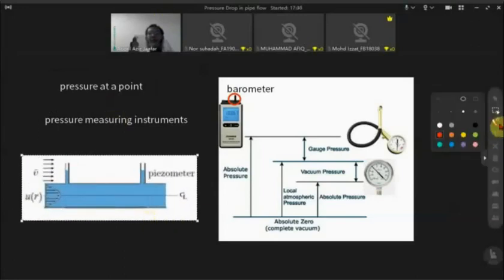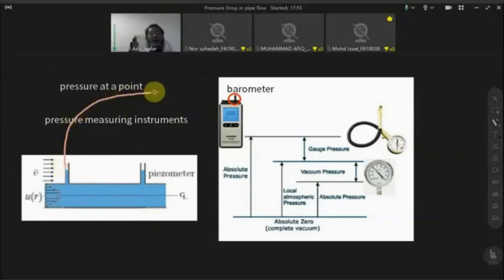If we want to apply this to certain engineering problems, what we can do is connect the tubes, for example in this case from the piezometer to the barometer, so that it gives you the pressure of the air inside the tube that has been compressed by the fluid pushing on it.